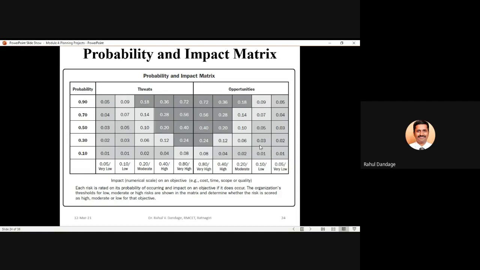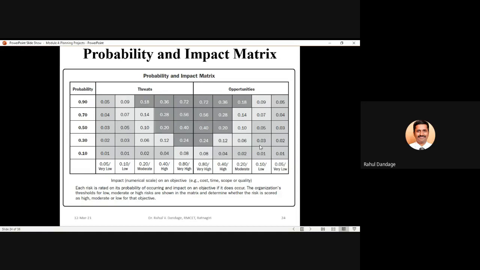And if you refer to the last row, it gives the numerical values for the impact of the risk on project objectives. The objective may be any project objective: cost, time, scope or quality. So in a numerical format, with some standard steps, the impact values have been given.